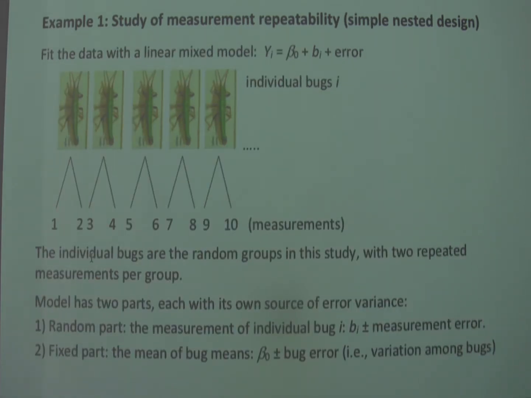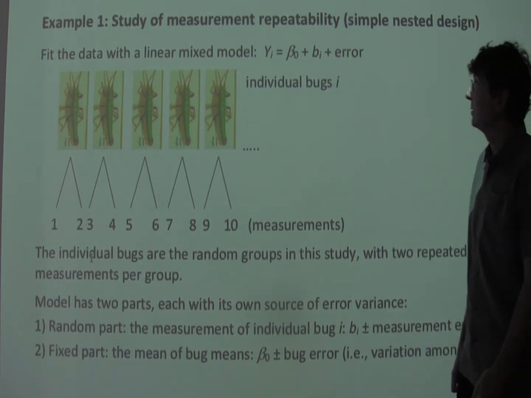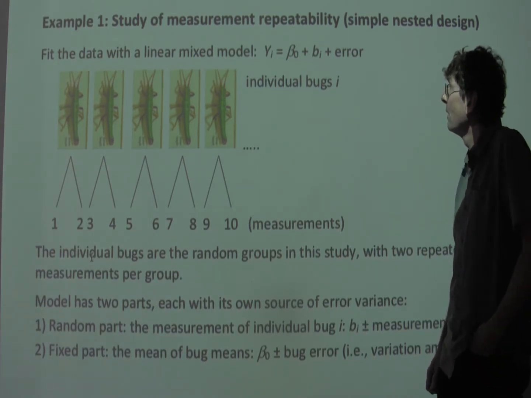So here's the design. There are 25 insects and 2 measurements are made within the same insect. So it's a repeated measures design. You can think of it as the 2 measurements are nested within individual insects. And we're going to fit a model that is a linear model. It looks like linear models that we've seen before.